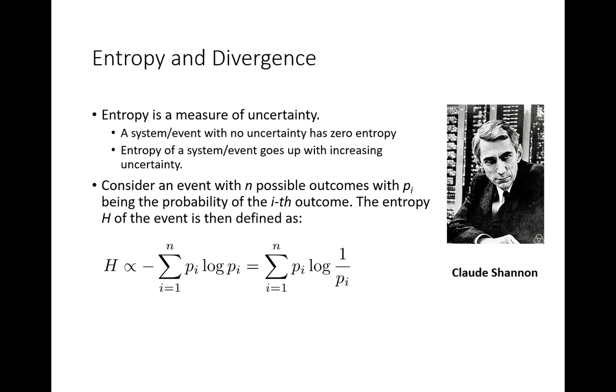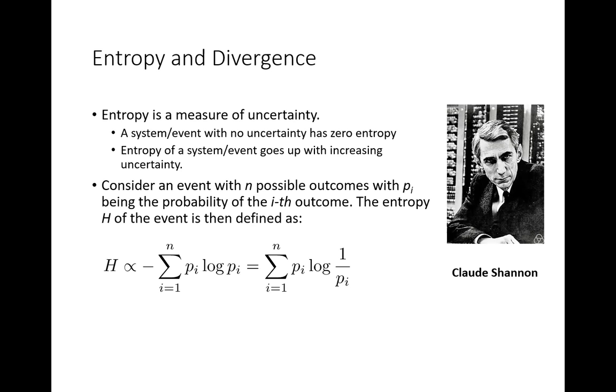So there is some phenomenon that takes place, and there are n possibilities that could occur as a result of that phenomenon, or n possible outcomes. And let P sub i indicate the probability that the outcome is going to be the ith outcome. All right. So every outcome has a different probability.